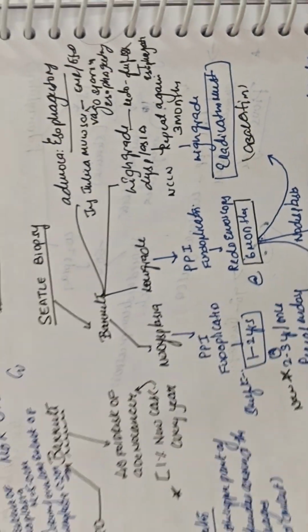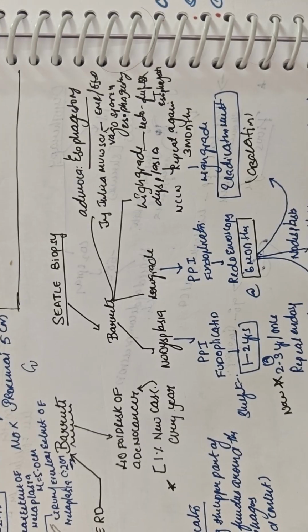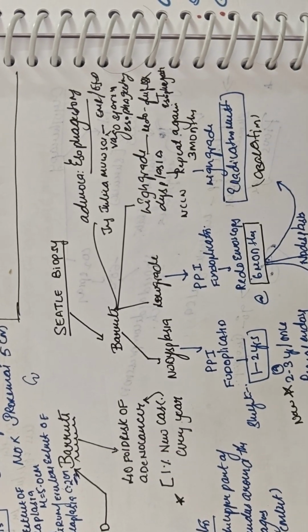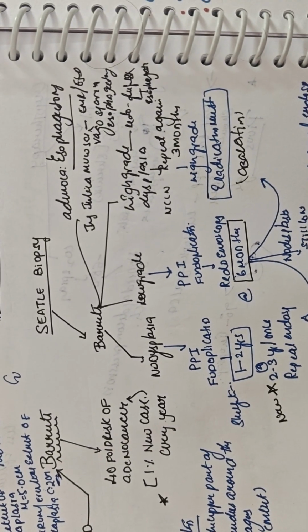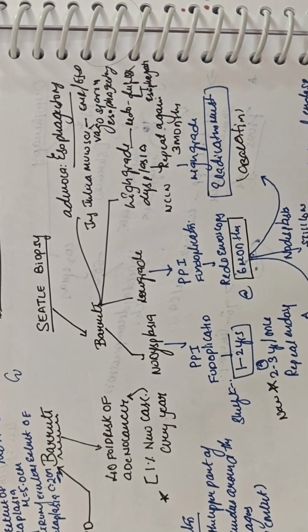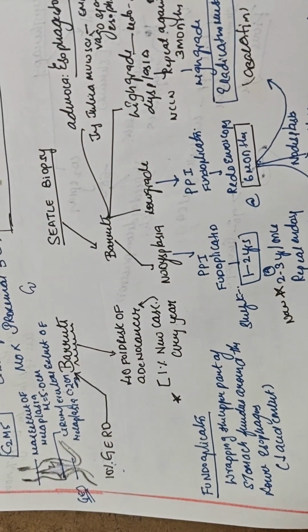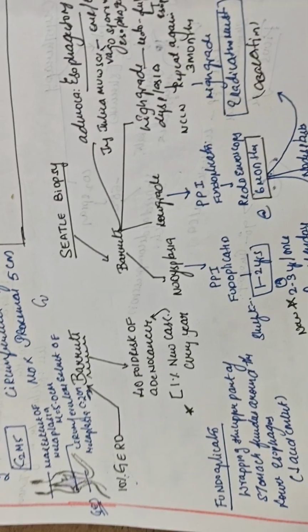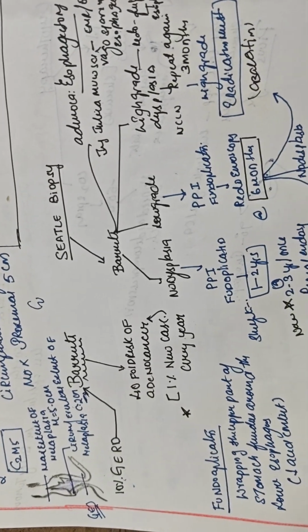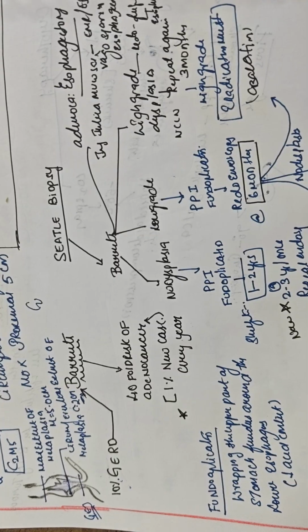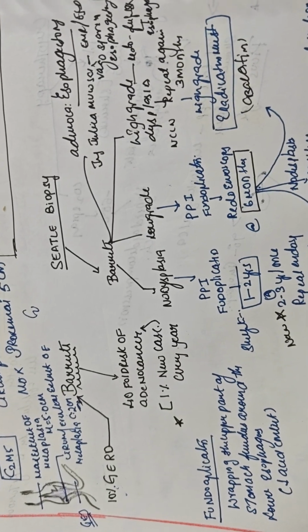In such conditions, we can treat the patient with PPIs, proton pump inhibitors, and you can also go with fundoplication. What is fundoplication? It is wrapping the upper part of the stomach, the fundus, around the lower esophagus to reduce acid entering the esophagus.